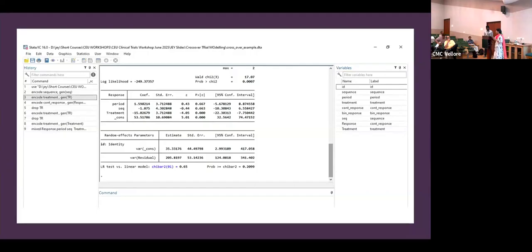But ideally, if the sequence is insignificant, that means there is no interaction of A and B or B and A, and therefore the washout period is quite adequate, which means there is no carryover effect of A on B or B on A. So now you are able to start interpreting your actual treatment difference, whether it exists or not.